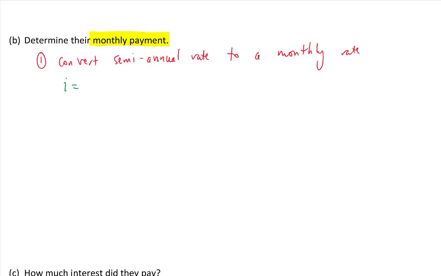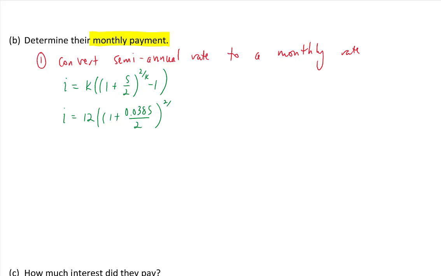And to do that, we're going to use our formula I equals K, 1 plus S over 2 to the exponent of 2 divided by K, minus 1. So K is our compounding period, so that's 12. 1 plus S, well, our semi-annual rate is 0.0385 from above.